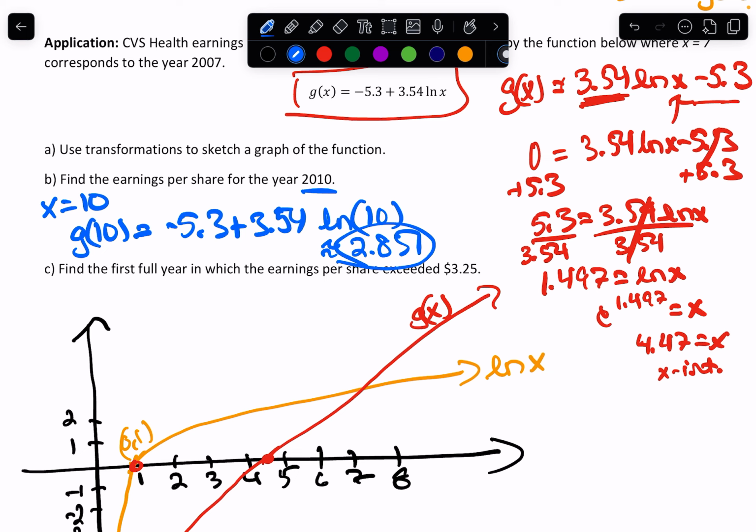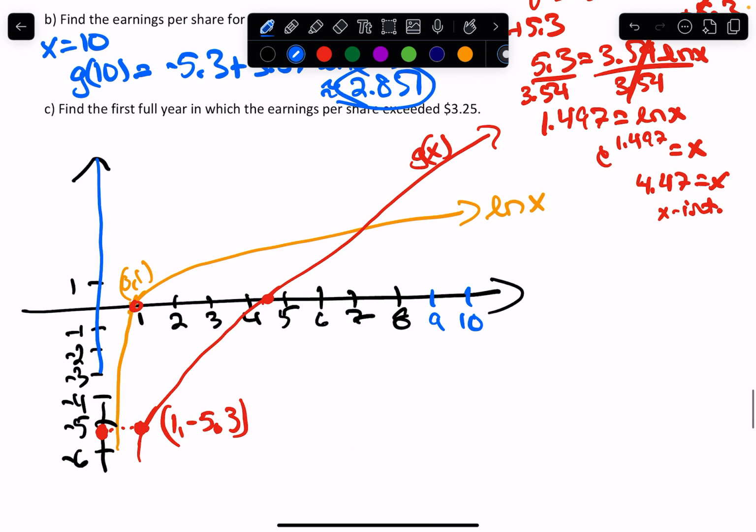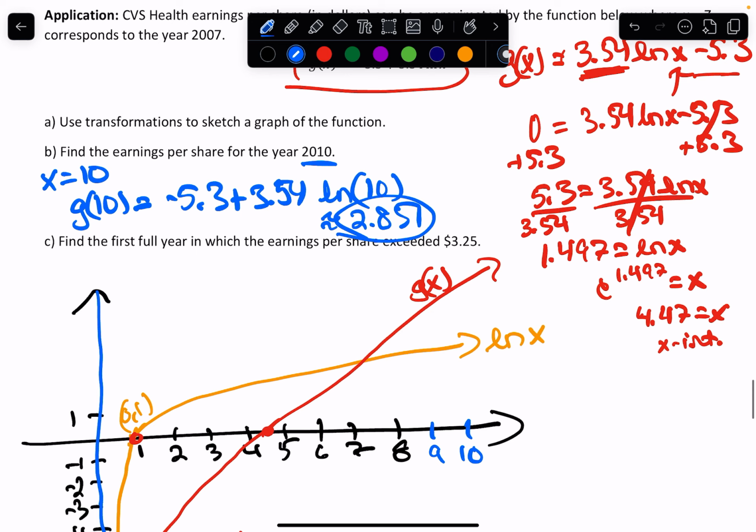Looking at our graph here, it goes a little bit too fast. The natural log is not correct either. Let's move our 2 up here and 3 up here. We're not doing it accurately, it's a sketch, but somewhere there.